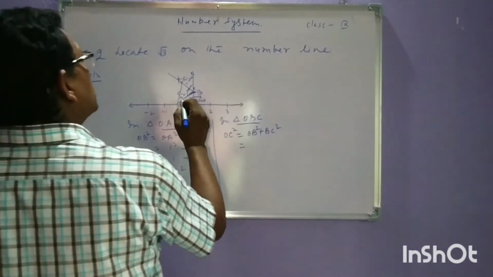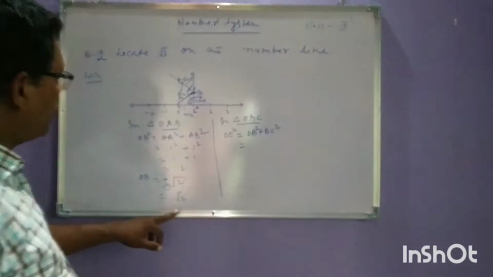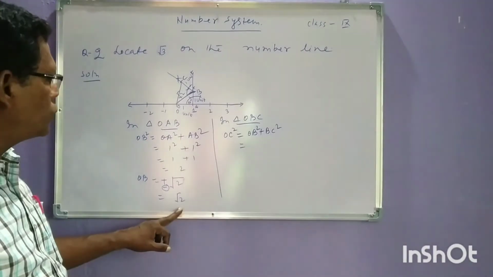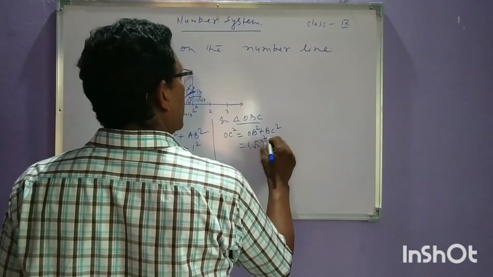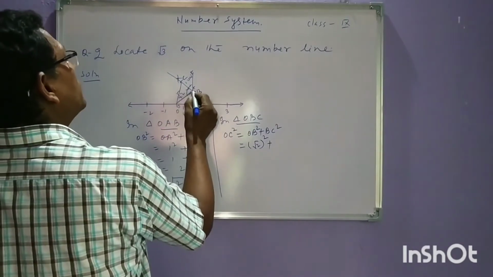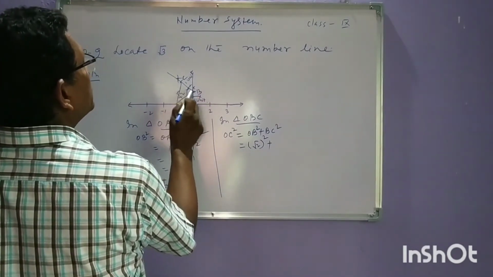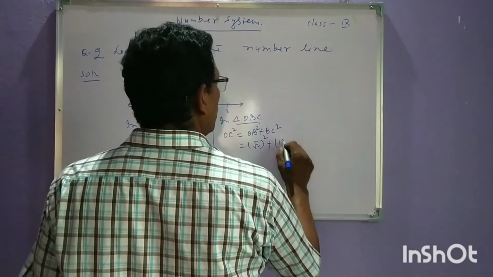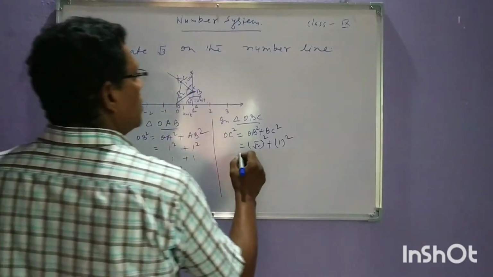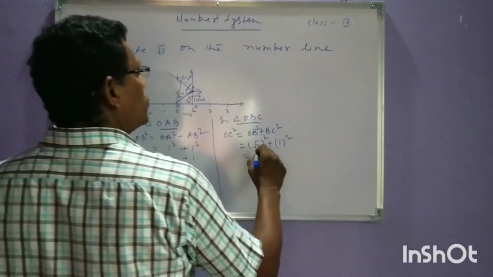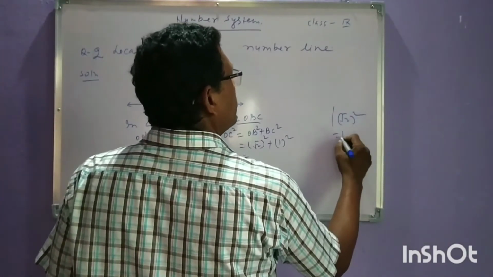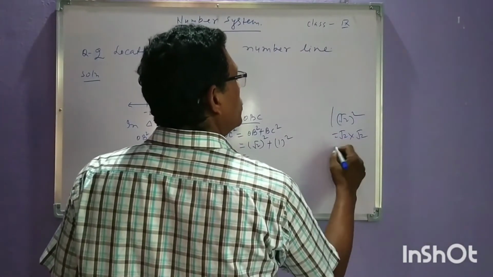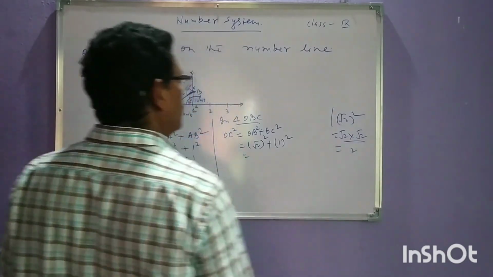And OB is what? Already I have calculated. OB equal to root 2. So root 2 whole square. And BC is what? We have made 1 unit. So 1 whole square. Now root 2 square will give root 2 into root 2. It means 2.